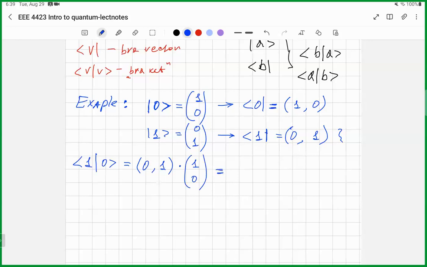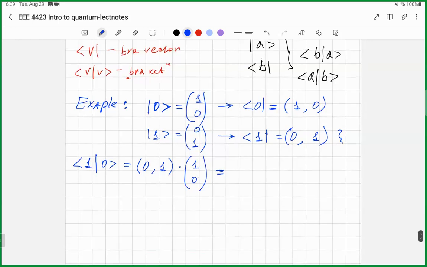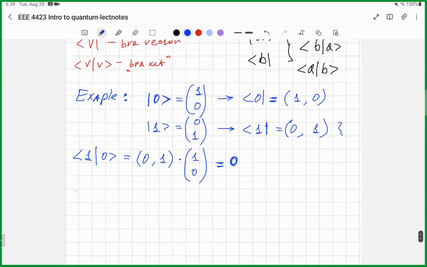Taking the product, 0 times 1 is 0, 1 times 0 is 0, so I get 0. And let's consider the opposite, the bracket of 0 with 1. Now the 0 is the bra, so I write 1, 0, and the cat is the column 0, 1. And again, 1 times 0 is 0, 0 times 1 is 0, so I get 0.